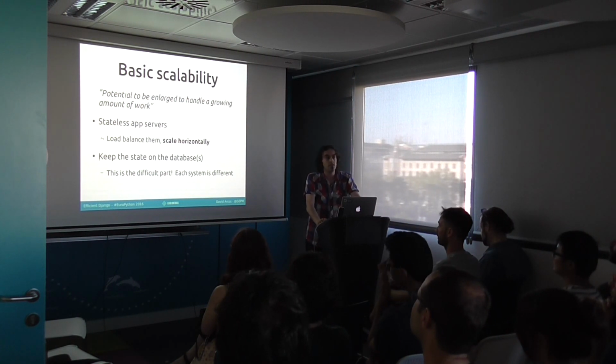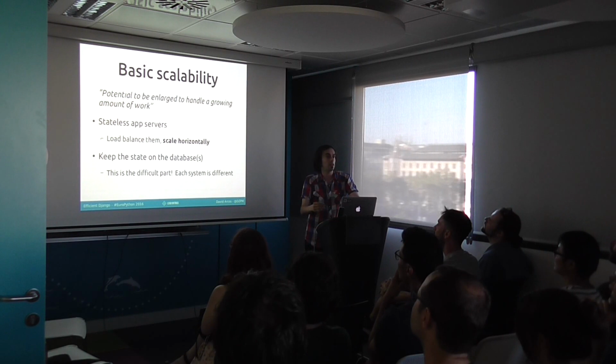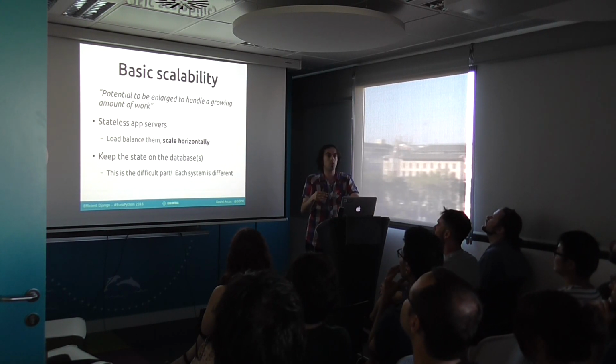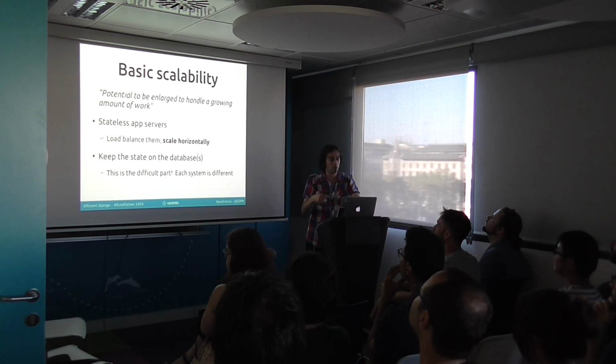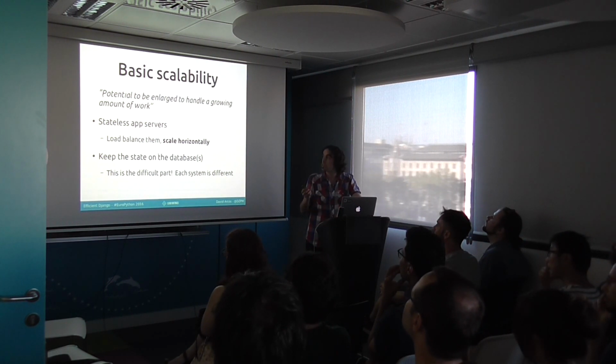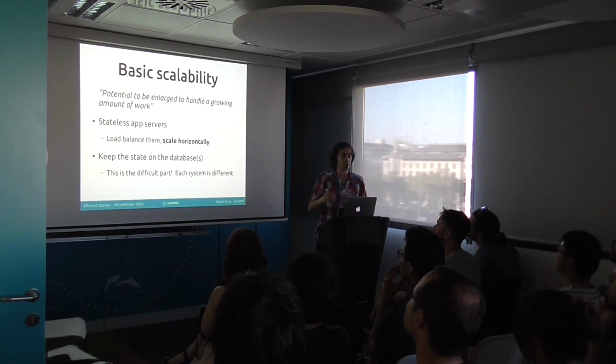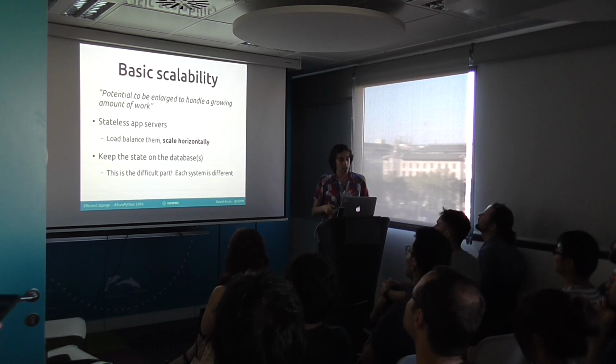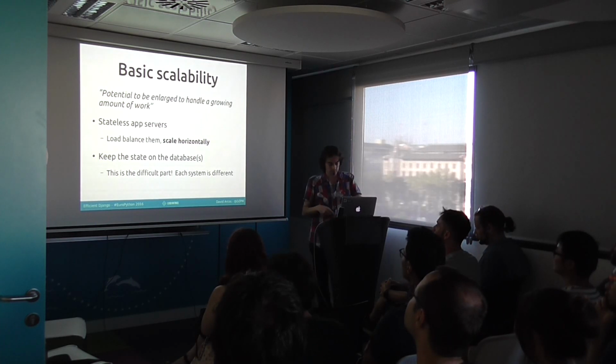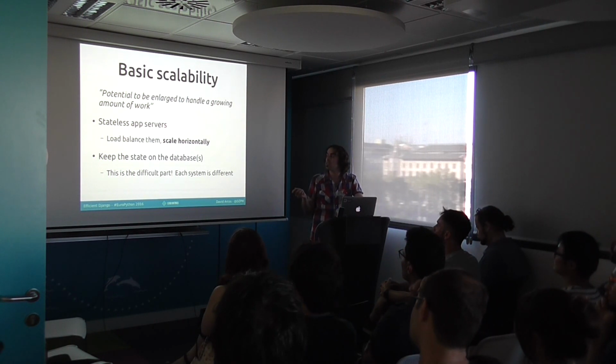Scalability. Scalability is defined as a system that can handle more load just by increasing the resources. So you don't need to change the architecture of the system, okay? And the basic tips are to do stateless app servers, so your application is in servers that don't have state, and keep the state on a database, centralized into a single point. You do this, it's very easy to scale the application servers because they scale horizontally.